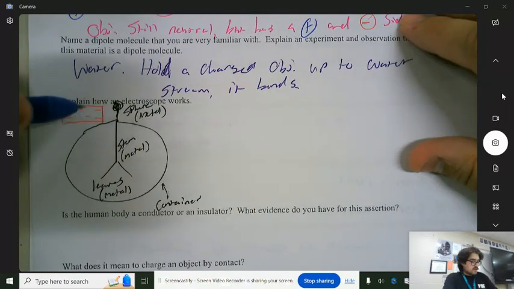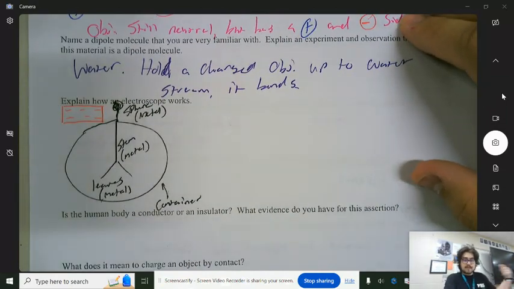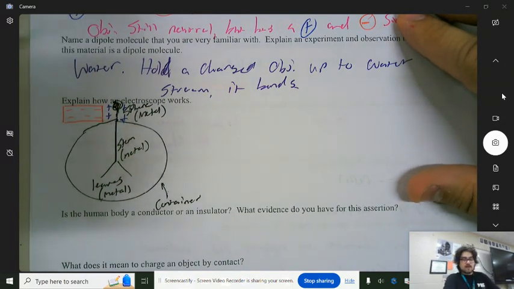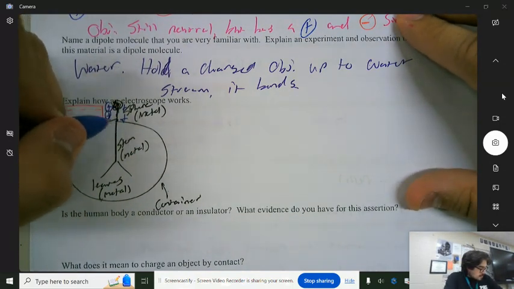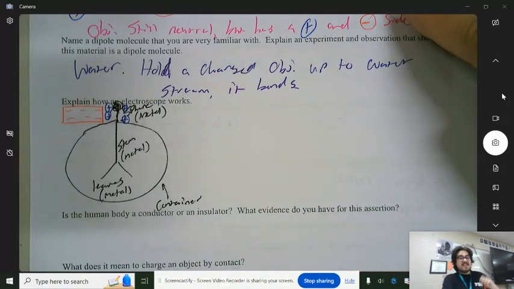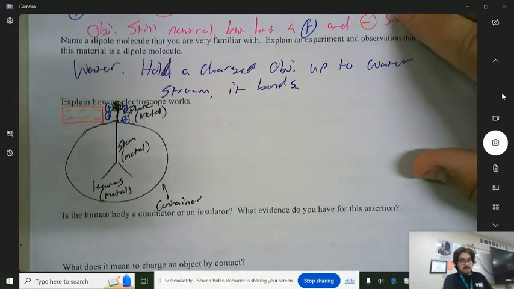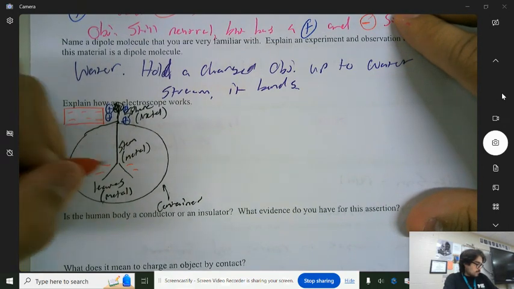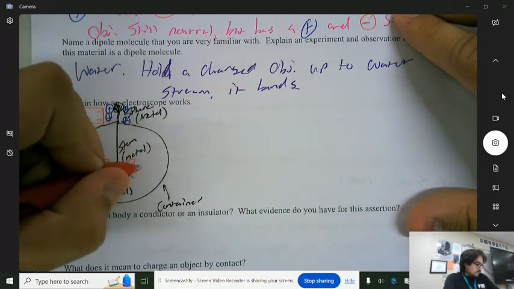The positive charges see the rod and want to be near the negative charges, so they all go up to the top. The negative charges don't want to be near the negative rod because they repel, so they go down to the leaves. You get negative charges all on the leaves.